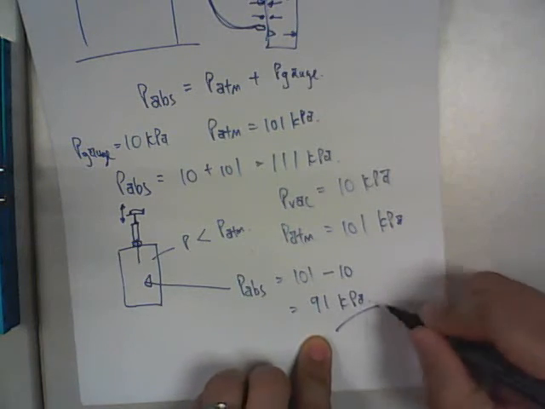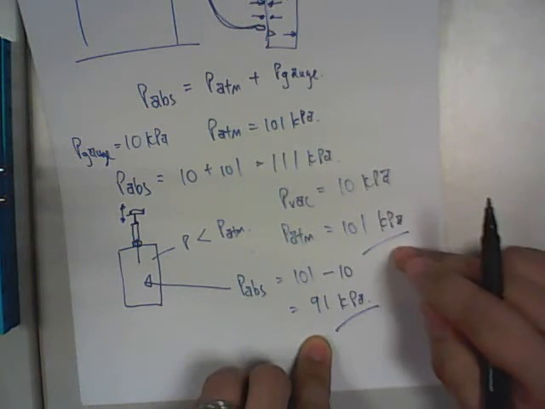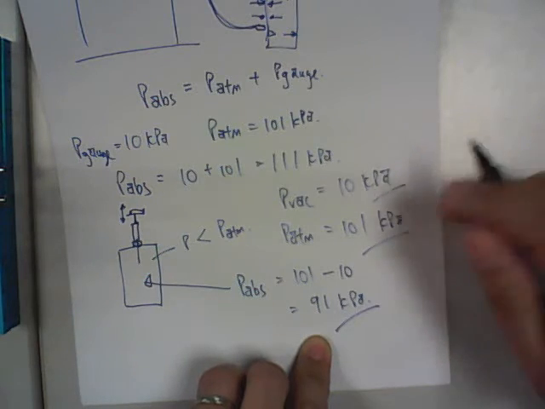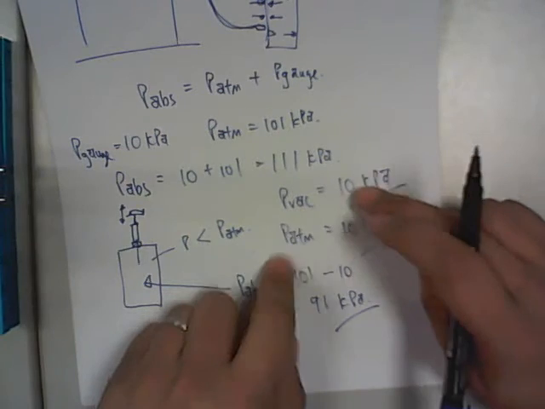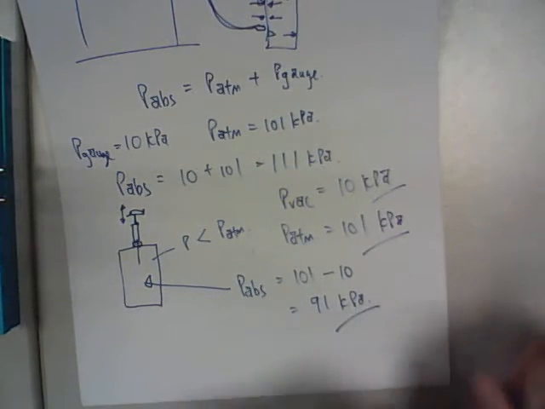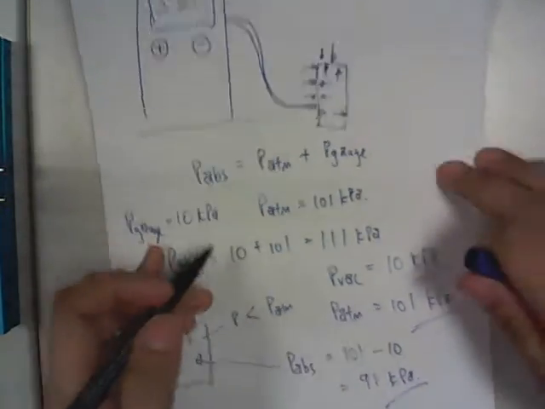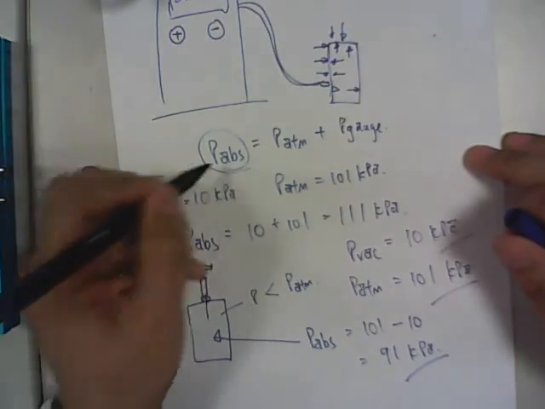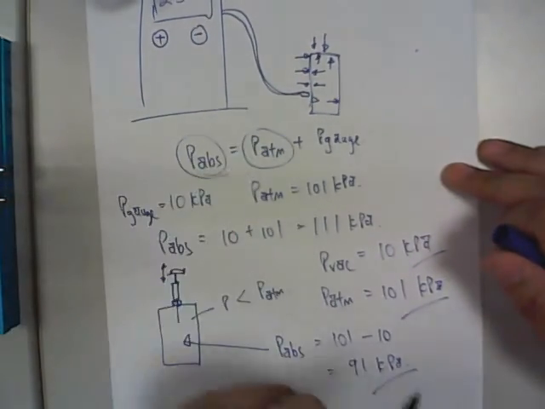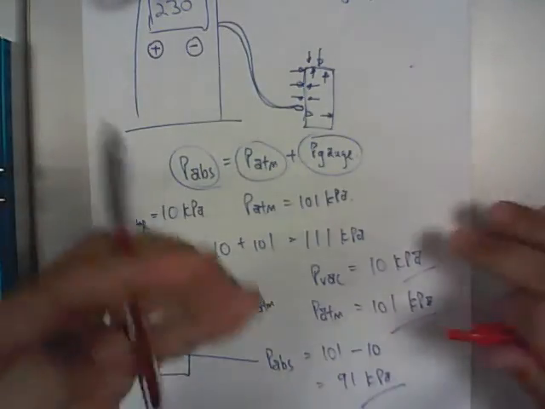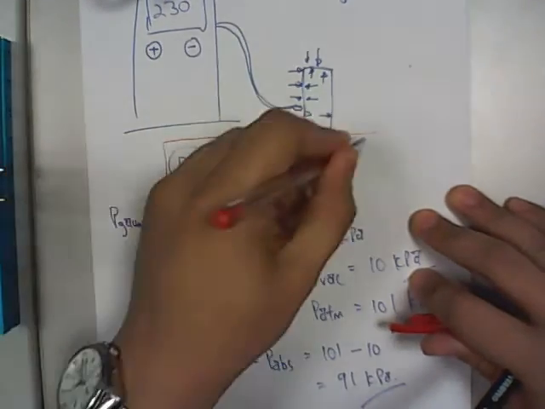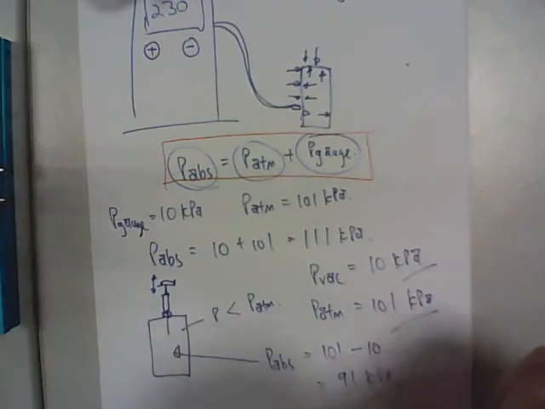The absolute pressure turns out to be lower than the atmospheric pressure by this amount, a vacuum pressure of 10 kilopascal. So anytime you see a vacuum pressure, you need to deduct it from the atmospheric pressure. So that's it for these three types of pressure: absolute, atmospheric, and gauge. They form a single equation which you can remember.